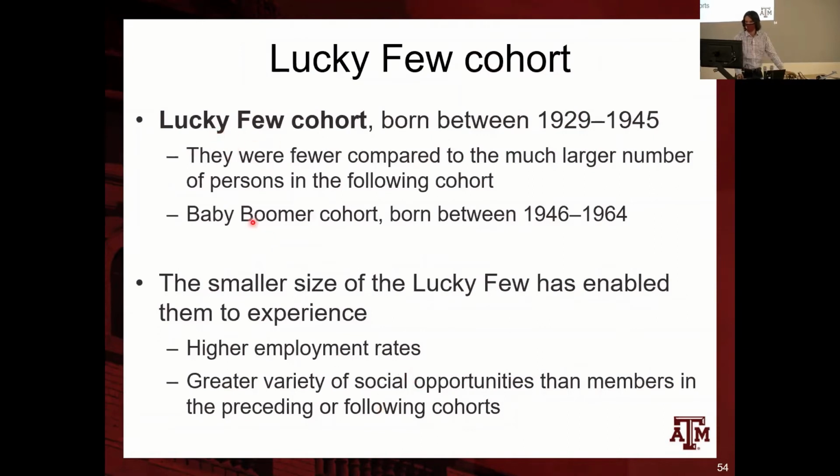They were fewer compared to much larger numbers of people in the following cohort, which was the baby boom cohort that were born between 46 and 64. And the smaller size of the lucky few had enabled them to have higher employment rates because fewer people were competing for jobs. And they have more social opportunities than members of previous cohorts and also of following cohorts such as the baby boomers.